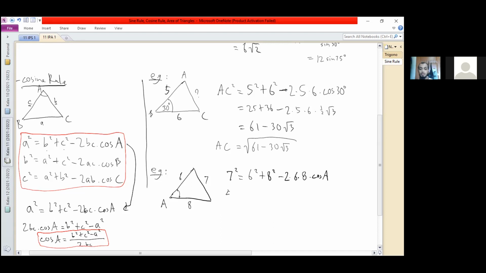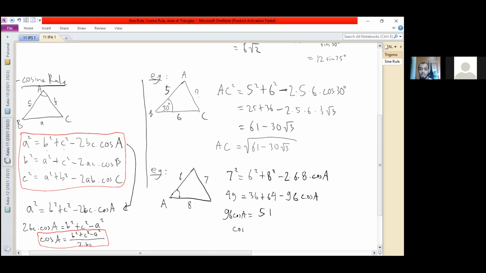So you will get 49 equals 36 plus 64 minus 96 times cosine of a. So we get 96 cosine of a equals 100 minus 49, so 51.